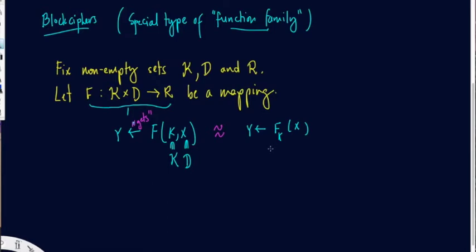Now, why am I saying these two are equivalent? Well, it's because we can think about F as being a two-input function, as we've done here, or we can think about the following. This equivalence here is using the fact that we can think of this two-input function F as actually a set of functions.